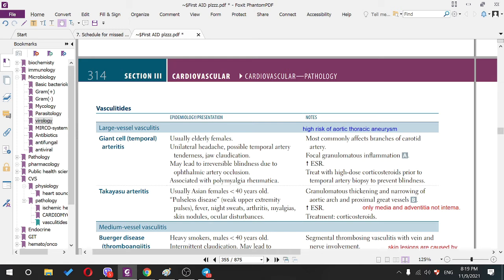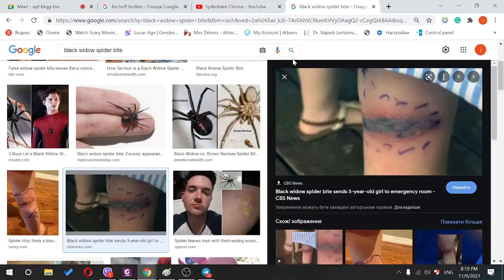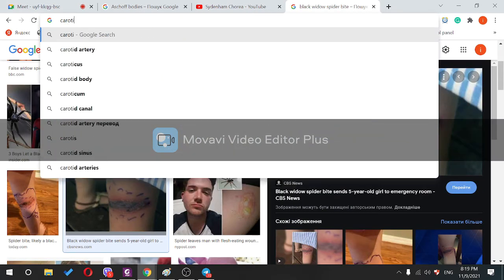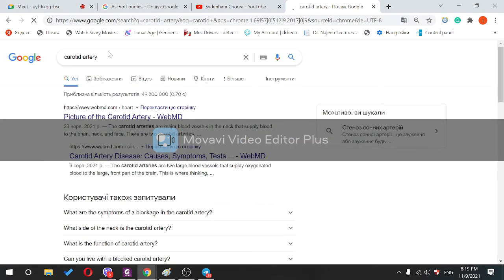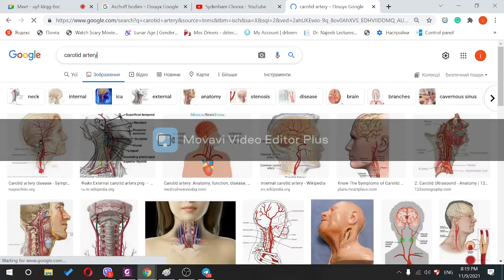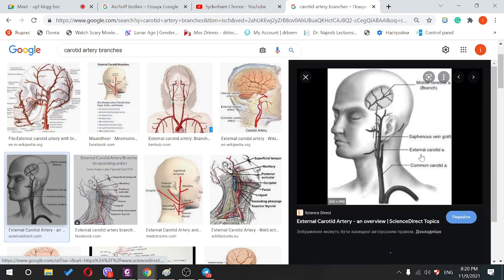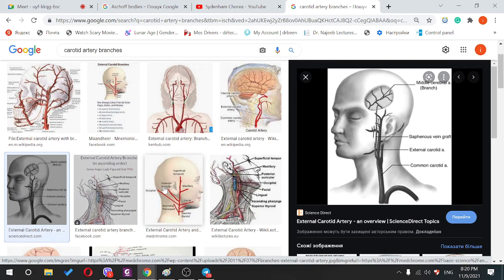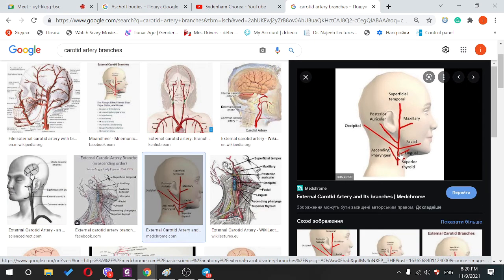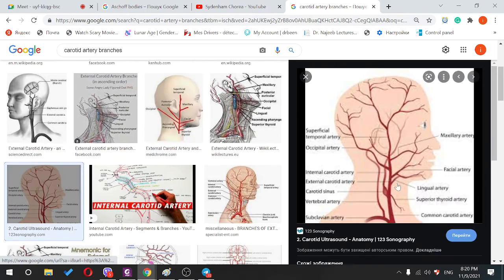To be more fair with you guys, you must understand exactly what happens. If I show you the carotid artery, the carotid artery has many branches inside of your head. It has the internal branches and the external branches. As you can see, these are the external branches, and the internal branches go inside of your head.